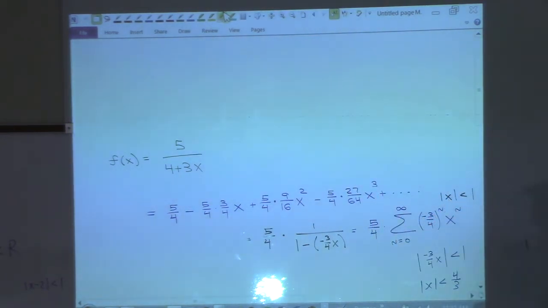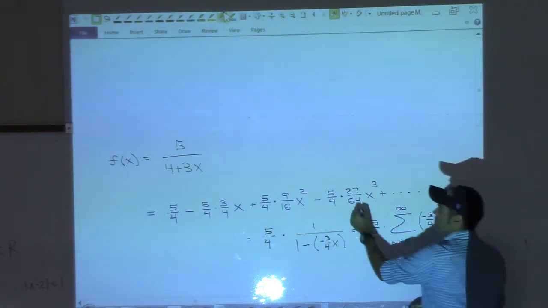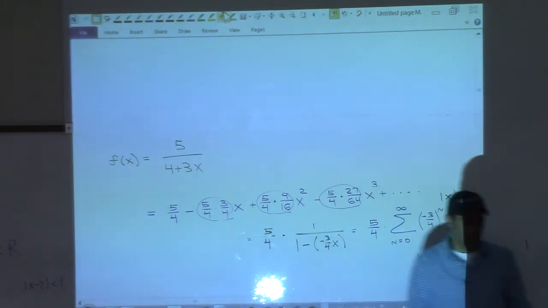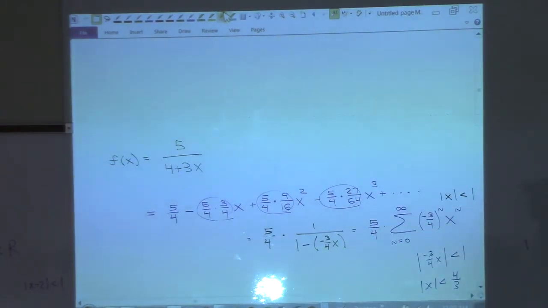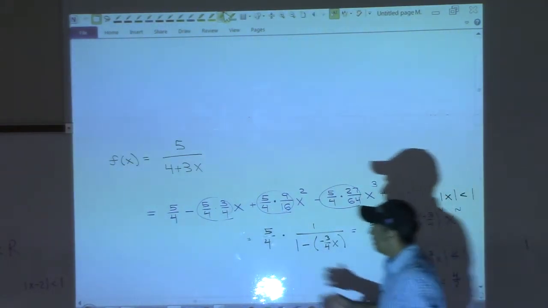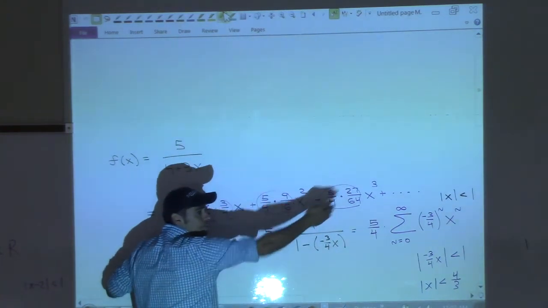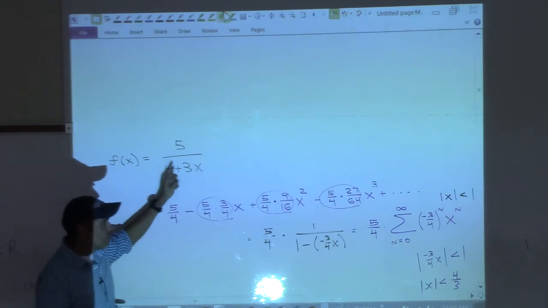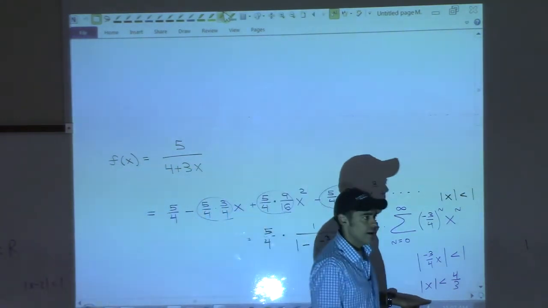Yes? Okay, and then we could put these numbers together, or reduce, or whatever we need to do. Those are just numbers, right? So this infinite polynomial is exactly the same as that function, so long as we're looking in this little window right here.